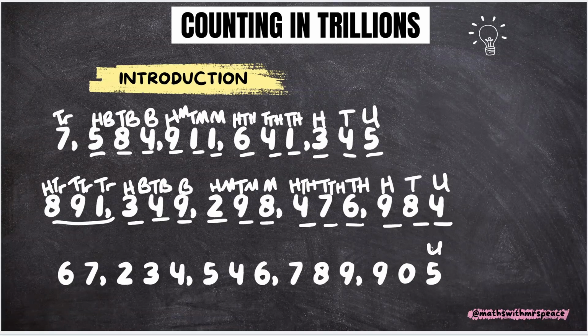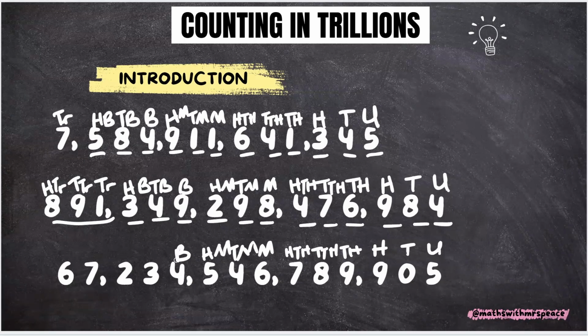So this is going to be units, tens, hundred, thousand, 10,000, 100,000, million, 10 million, 100 million, billion, 10 billion, 100 billion. This is going to be trillion, 10 trillion.